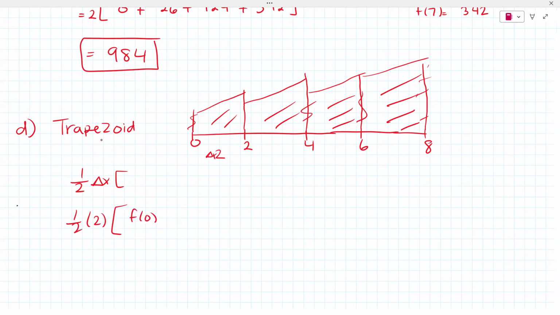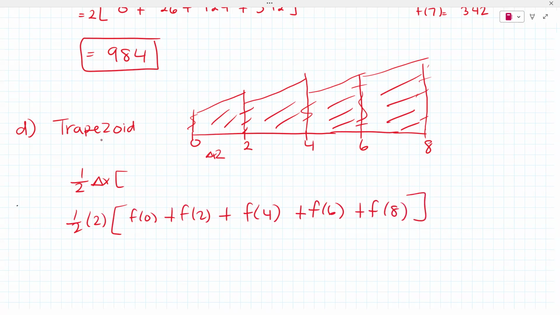And then f of 2. And then f of 4. And then f of 6. And then f of 8. And we can actually find the actual value because they tell us that the function is x cubed minus 1.